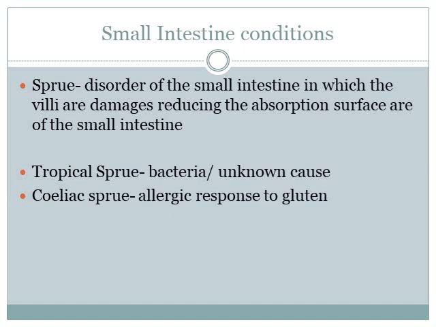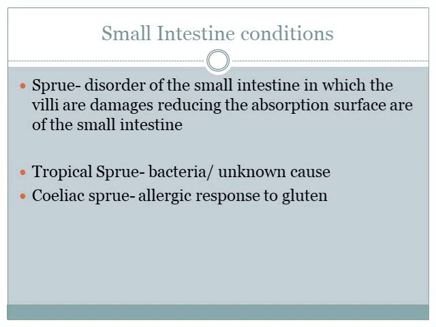So one of the conditions that can occur in the small intestine fall under a category known as sprue. Now, sprue is a way of saying that those villi that I spoke about actually get damaged, and with that we have a total reduction in the absorption ability of the small intestine.